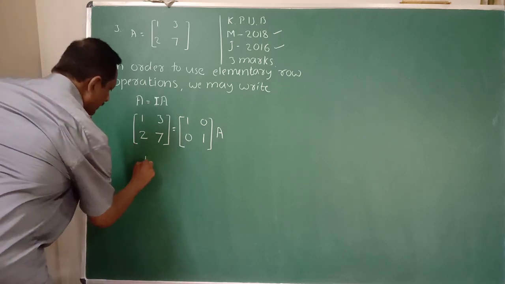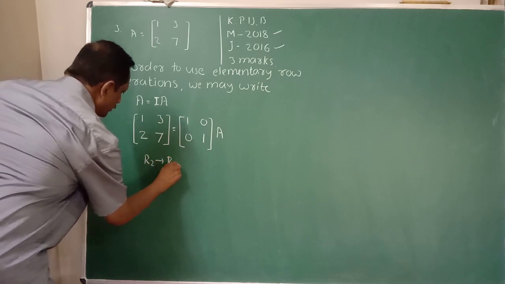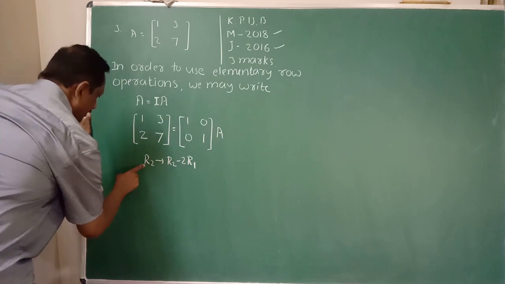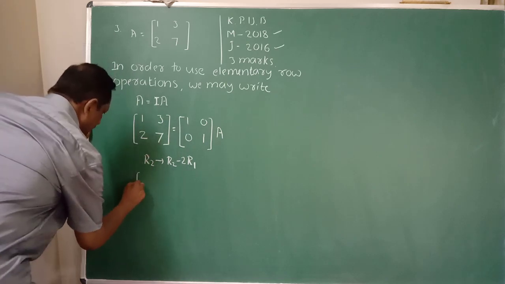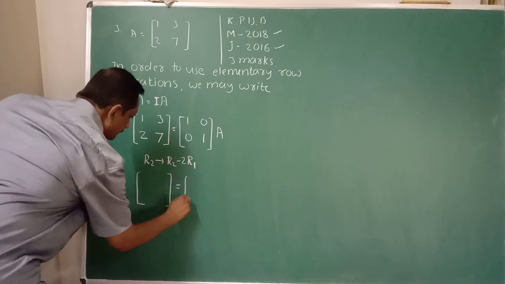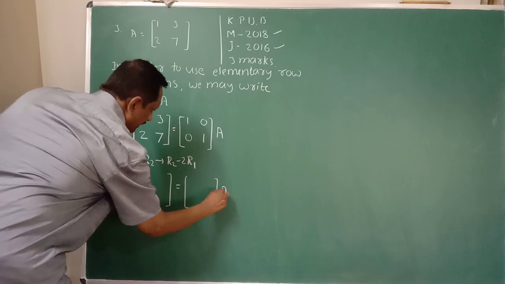Hence R2 gives R2 minus 2 into R1. Therefore the second row changes, first row right as it is, both the left side as well as right hand side.